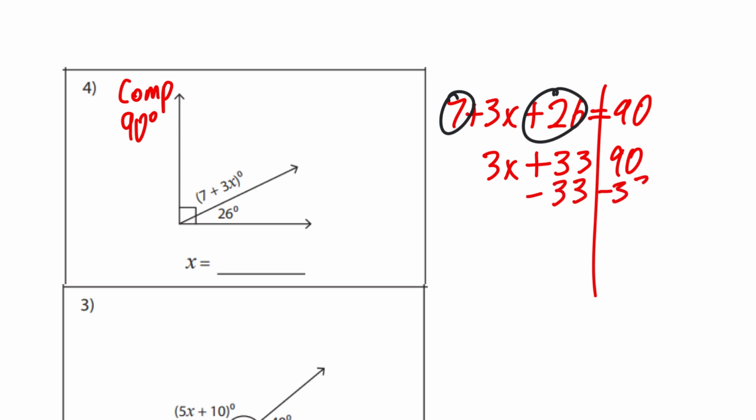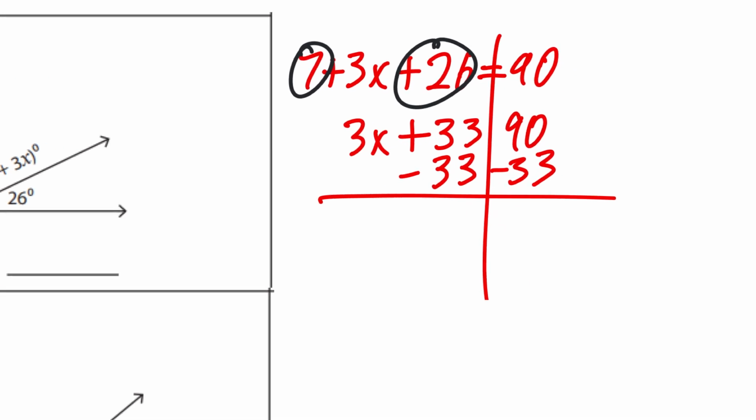Subtract 33 on both sides. This zeroes out. 3x equals 57. Divide both sides by 3. That's going to equal 19.